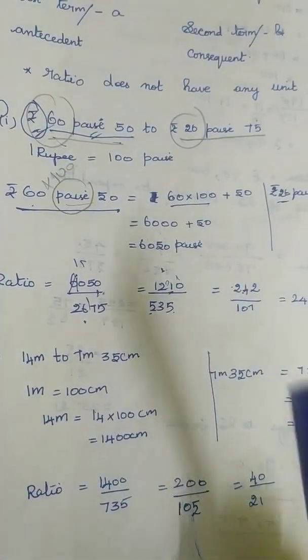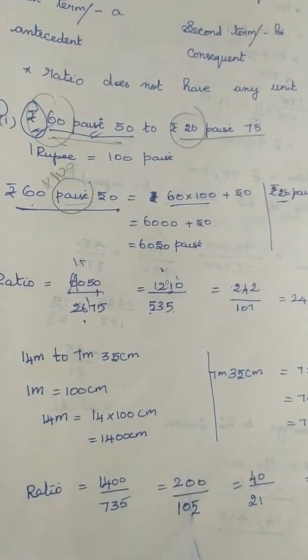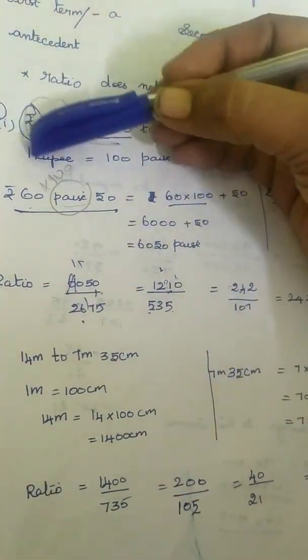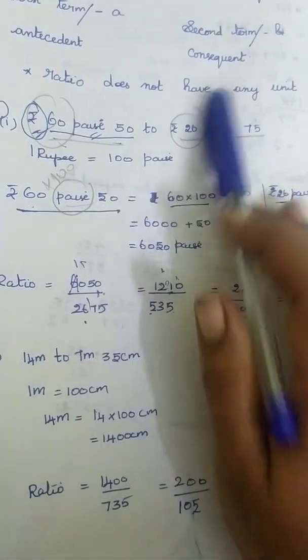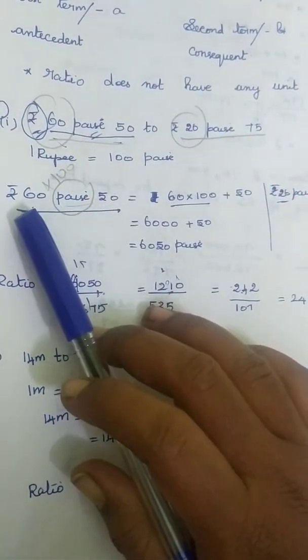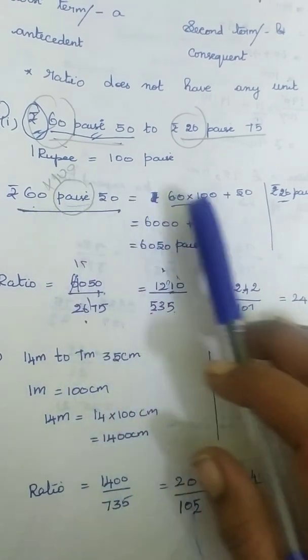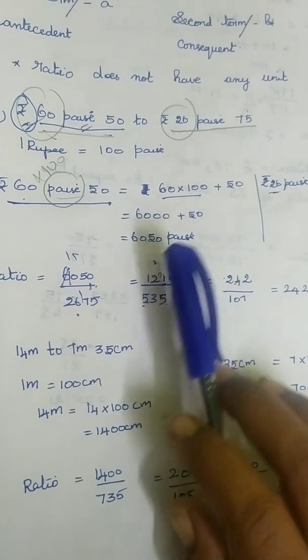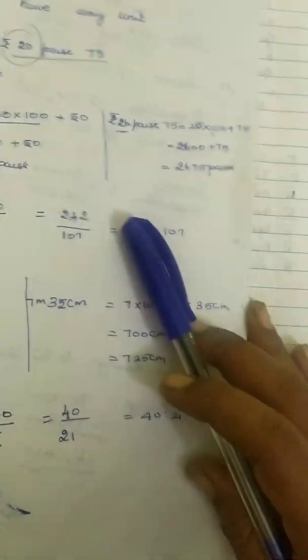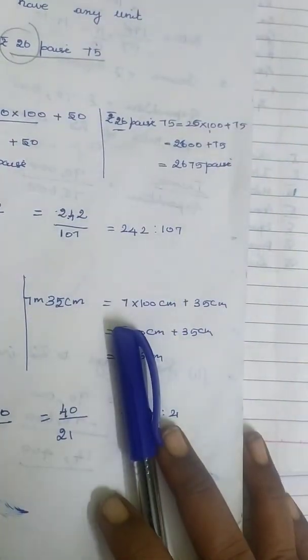You know the formula, 1 rupee is equal to 100 paise. So we are going to convert rupees 60 paise 50. To convert the rupees into paise, multiply by 100. So 60 into 100 plus 50, 6000 plus 50, 6050 paise. If you see next, rupees 26 paise.